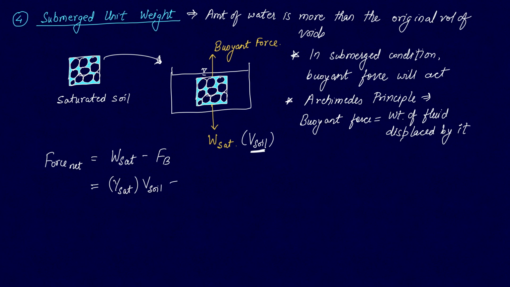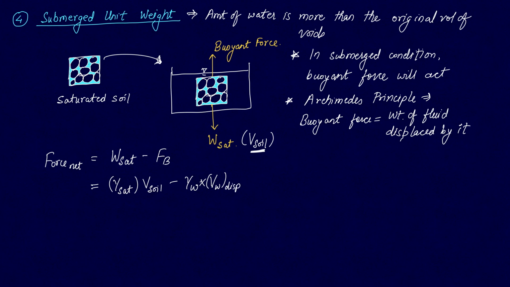Whereas the buoyant force will be equal to the weight of fluid displaced. And what is the weight of fluid? That is the volume of fluid displaced multiplied by the unit weight of water, which we represent by gamma W. So gamma W into volume of water displaced.